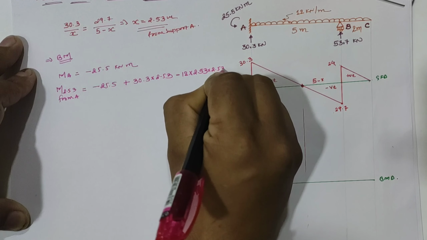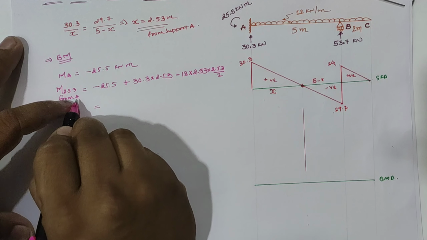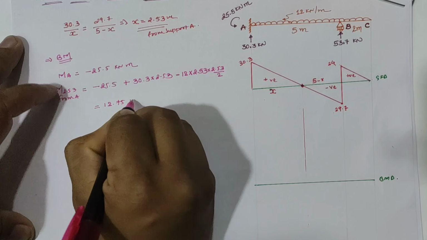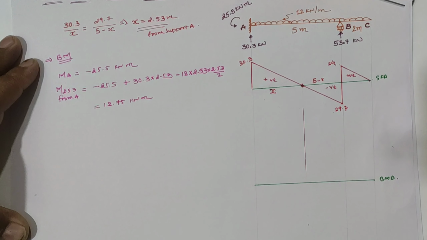If we calculate this moment, we will have the moment at 2.53 meter from support A as 12.75 in terms of kilonewton meter.